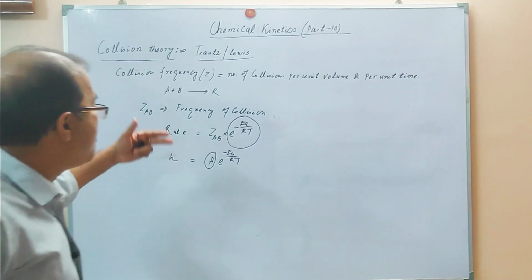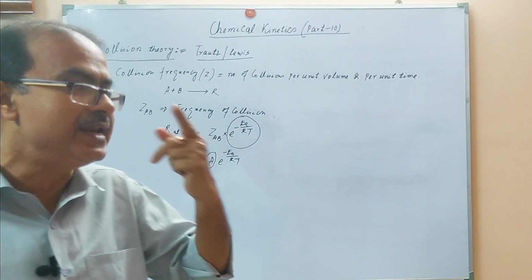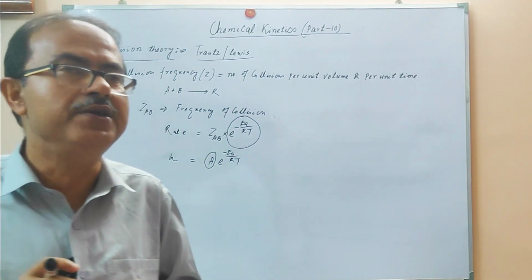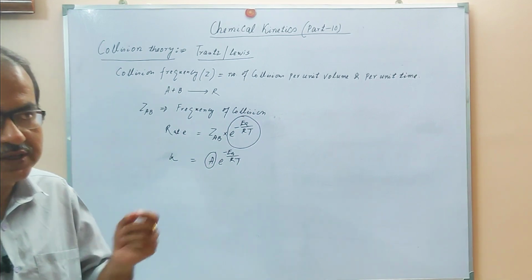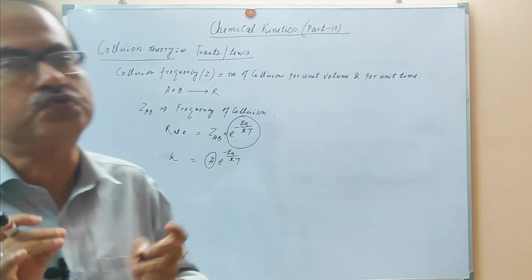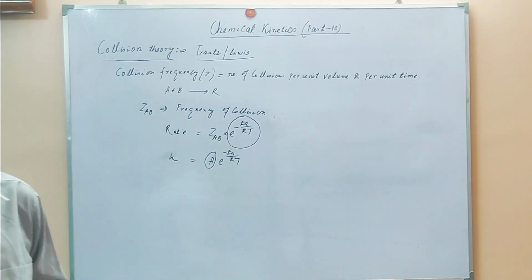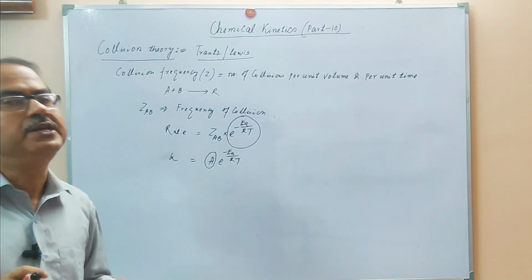Now, if we go by this equation, we are able to calculate the rate constant, and that will give a very good correlation, close to what we get from the Arrhenius law for simple reactions.